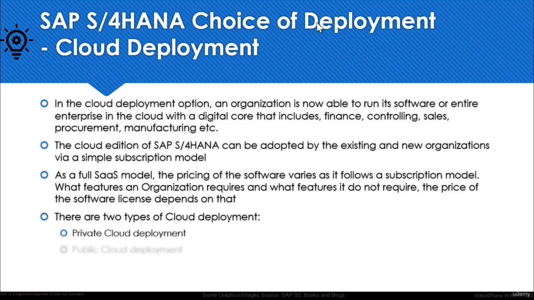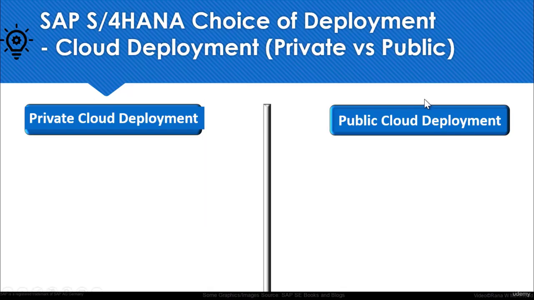Number one, private cloud deployment, and number two, public cloud deployment. What is the difference between these two types of cloud deployment? So in private cloud deployment, the organization has a dedicated server, and in public cloud deployment, it is a shared server.